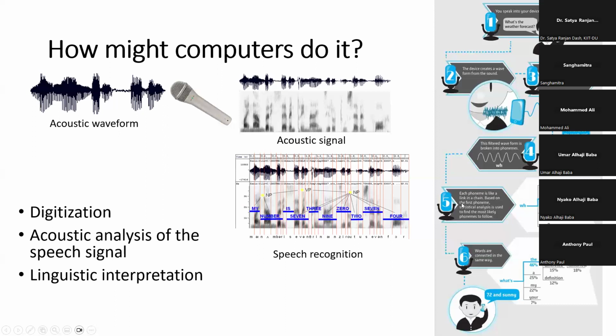Based on the first phoneme, statistical analysis is used to find the most likely phonemes to follow. For example, you see here on the right hand side, suppose you have the phoneme WH, that is say work. You can see here the remaining phonemes that are going to follow.